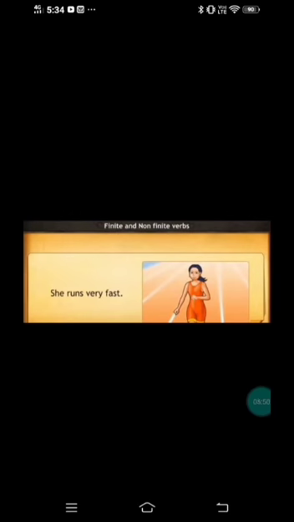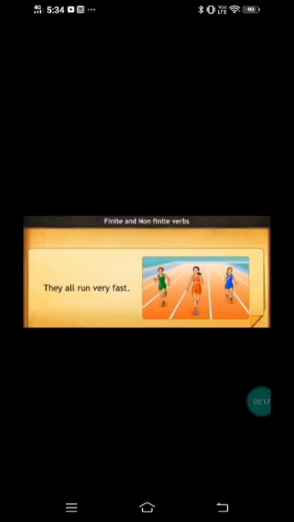In this sentence, if you observe, she runs very fast. Here the word she is the first person. What is the verb in this sentence, children? Runs, right? She runs very fast. In this sentence, what is the verb? They all run very fast. Run is the verb.